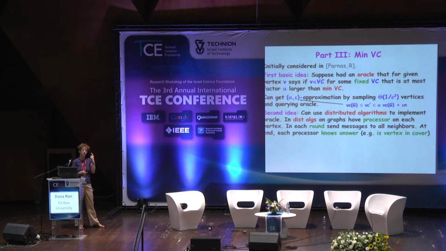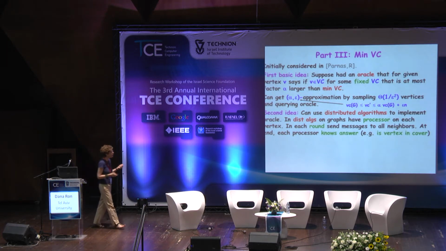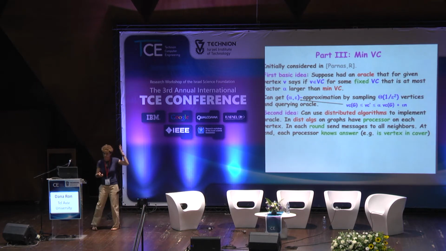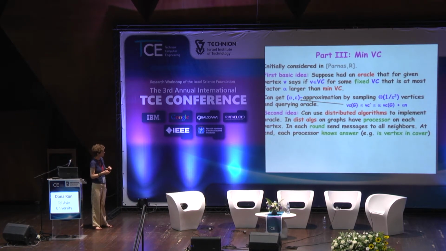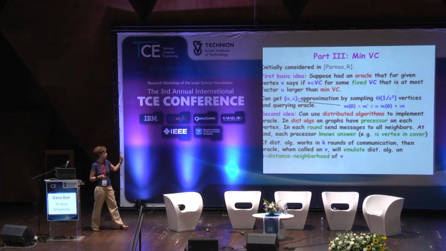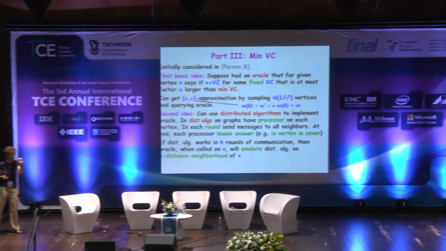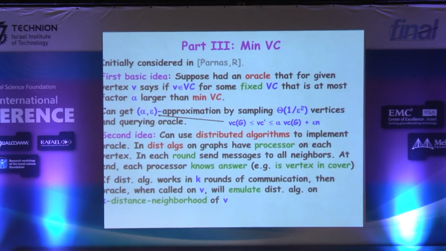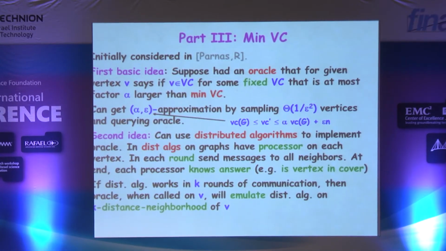Okay, so why distributed algorithms? Why does this help us in the context of getting this oracle for a vertex cover? Let me continue with the connection. Suppose I have a distributed algorithm for the vertex cover or some other property, and it works in k rounds of communication.